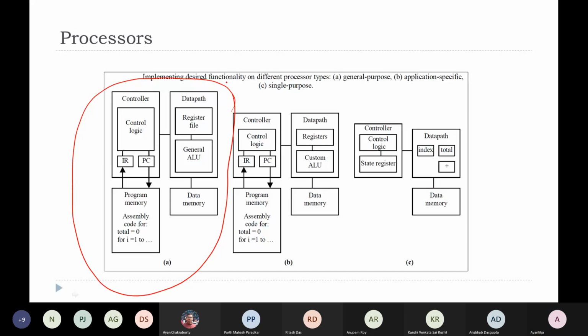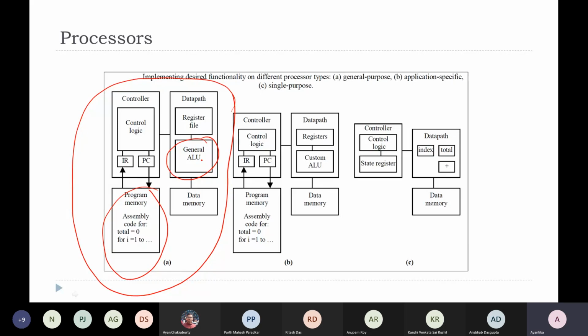You have some data path, control path, some program memory, data memory, and ALU. I am not going step by step through what these components mean, because in the lecture I will share, you will find everything. Otherwise, it will be a repetition and it will kill our time.